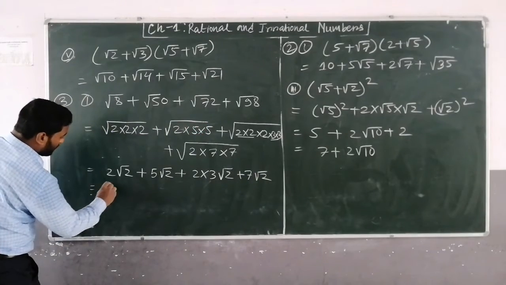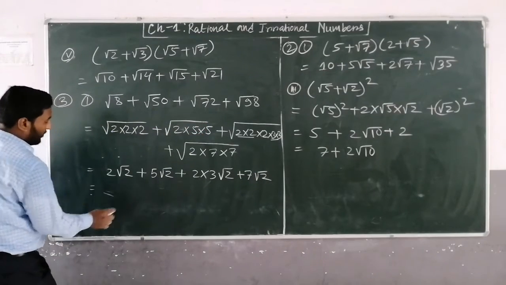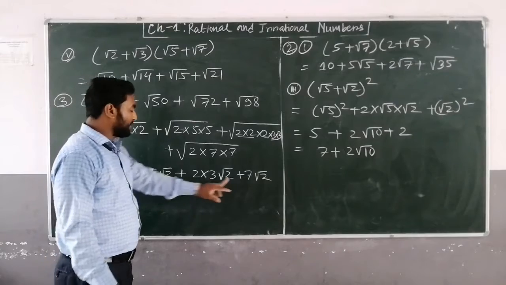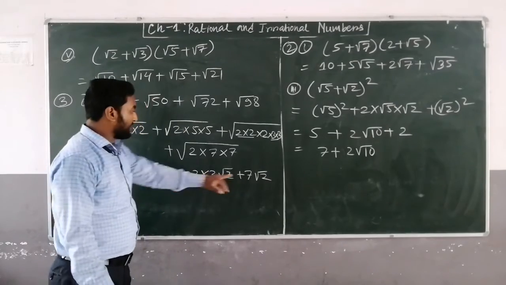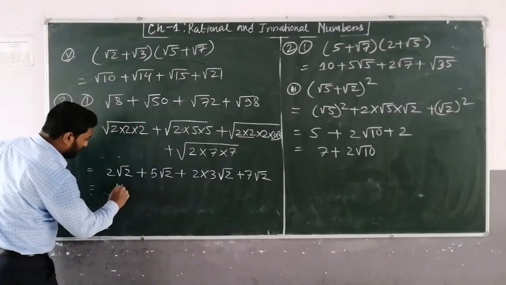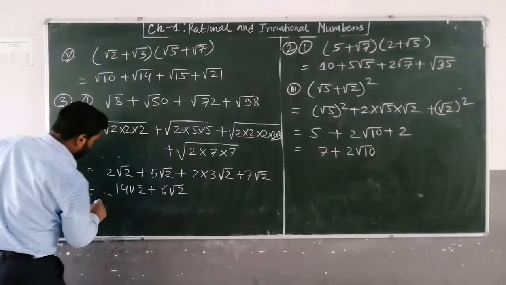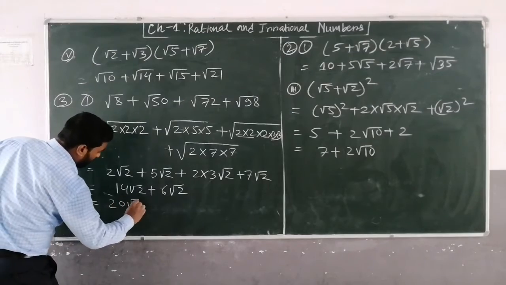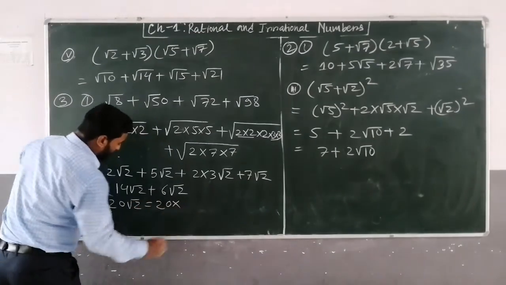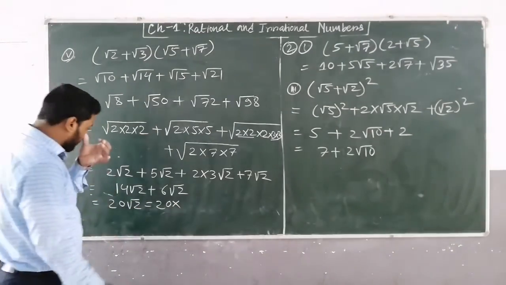So this is 2 root 2, 5 root 2, 6 root 2 and 7 root 2. So 7 root 2 plus 7 root 2, 14 root 2. 14 root 2 plus 6 root 2. So that is equal to 20 root 2, and the value of root 2 is given as 1.414.